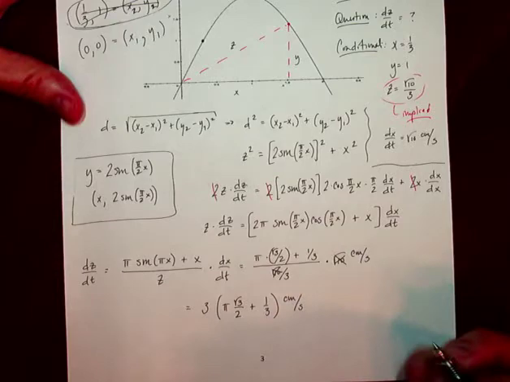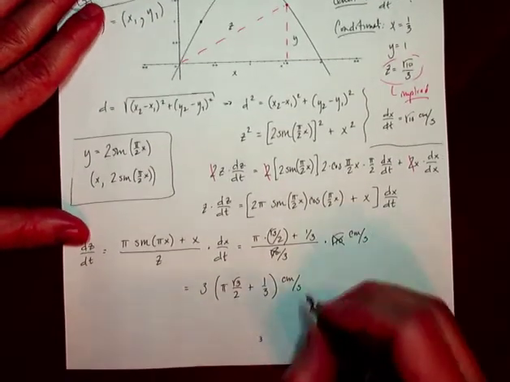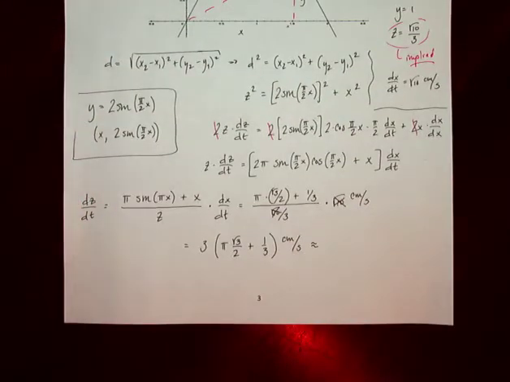And you can go ahead and clean this up in a whole host of different ways. But we can go ahead and get a decimal approximation as well. So let's go ahead and do that.